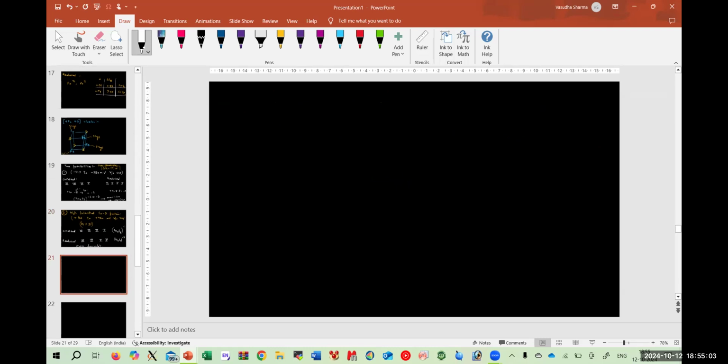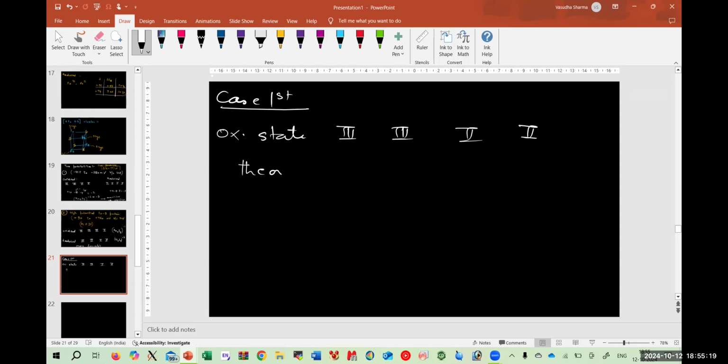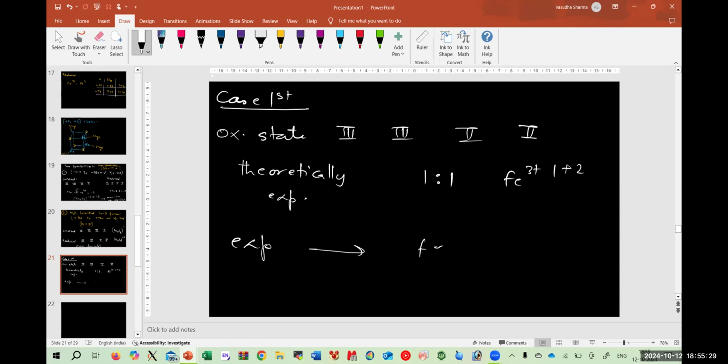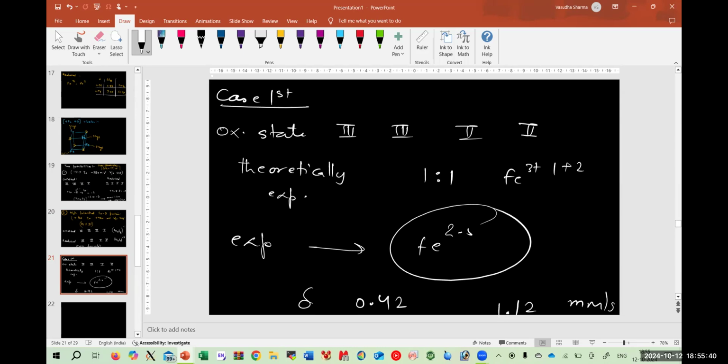Now let's see their pattern. In the first case that we have seen, in the oxidized state it was 2 Fe3+ and 2 Fe2+. So theoretically expected, it should be 1:1, iron 3+ and 2+. But experimentally, what we see is iron 2.5, indistinguishable, with delta values of 0.42 and 1.12 millimeter per second.